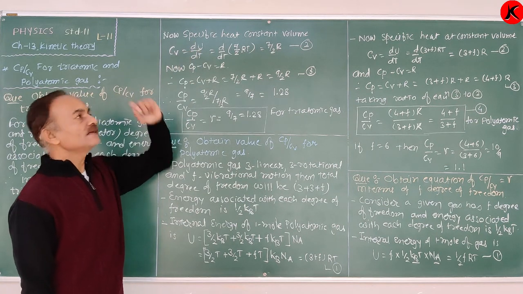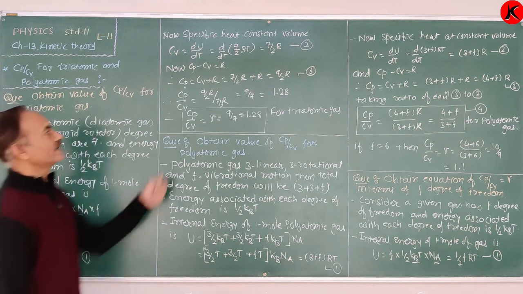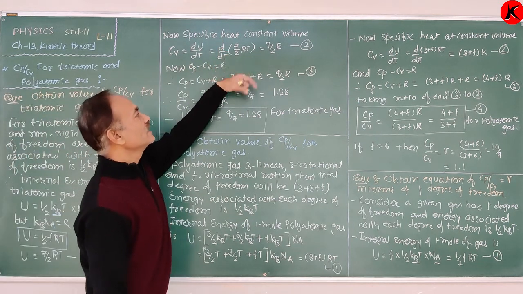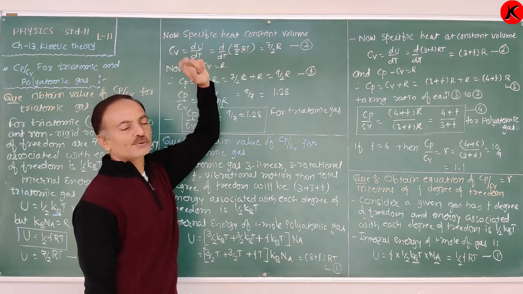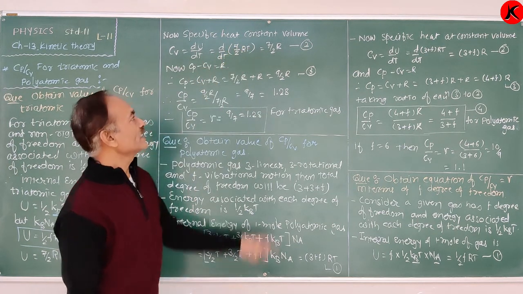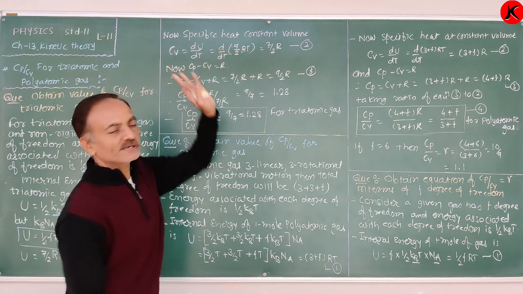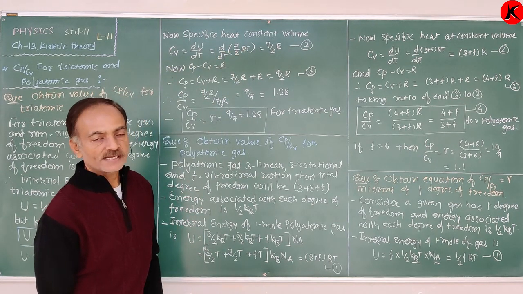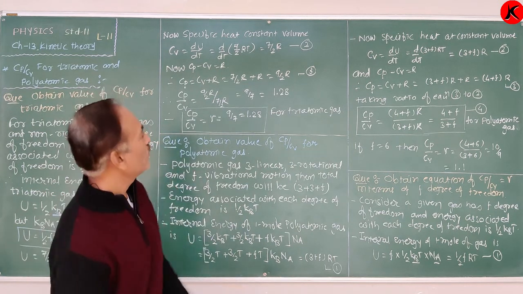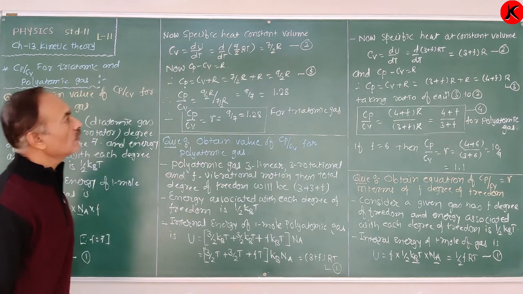Therefore, dU by dT, we substitute the value of U from equation 1, 7 by 2 RT. Therefore, d by dT of 7 by 2 RT. 7 by 2 is constant, R is also constant, taken out of the derivative. Therefore, 7 by 2 R into dT upon dT. dT upon dT is 1. Therefore, Cv is equal to 7 by 2 R.